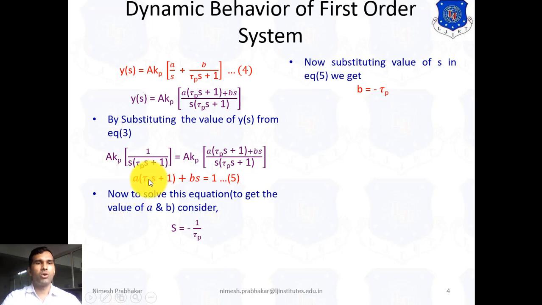Minus 1 plus 1, so this term is 0, and here we can write B is equal to minus tau p.